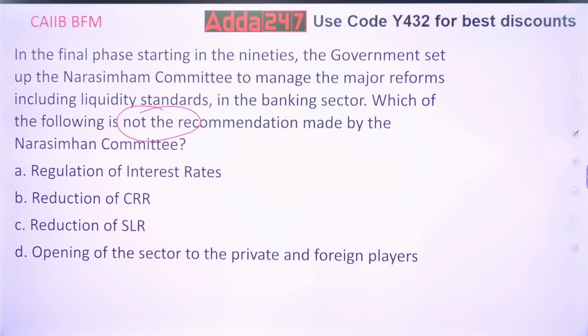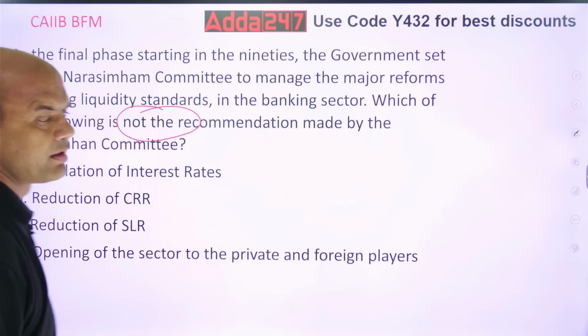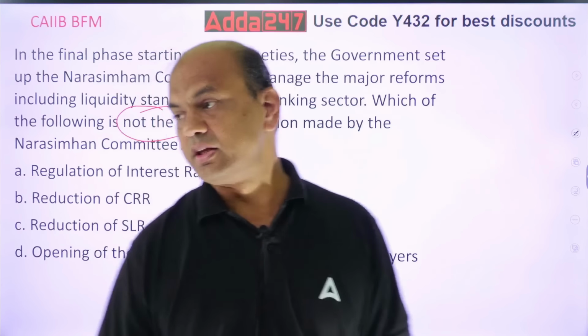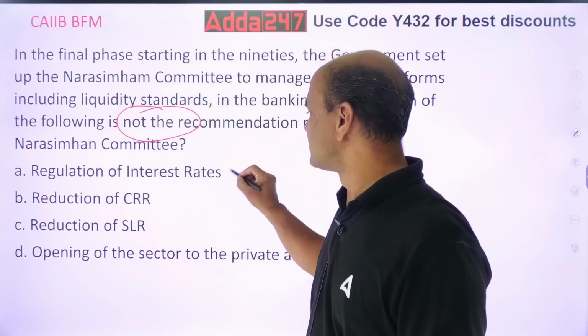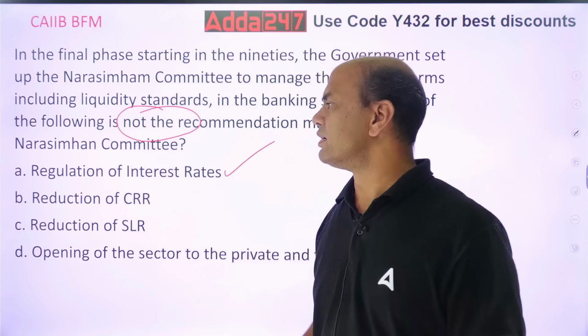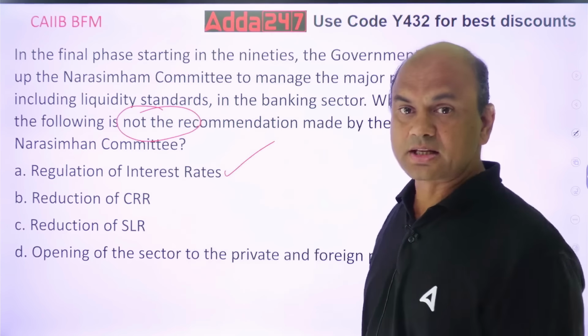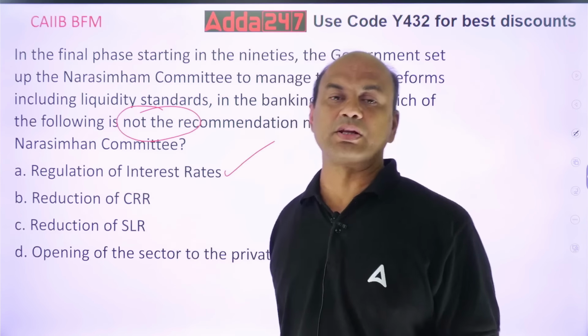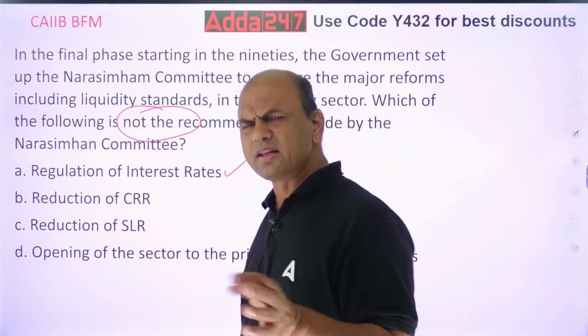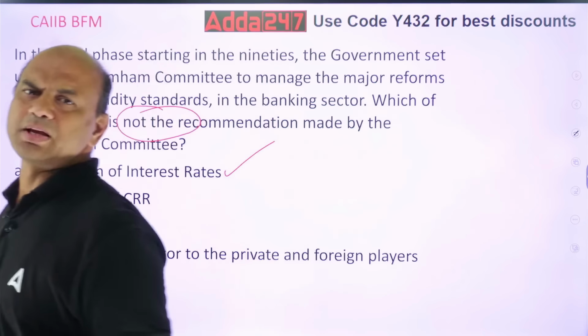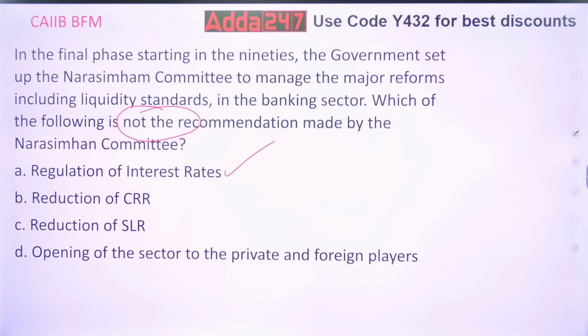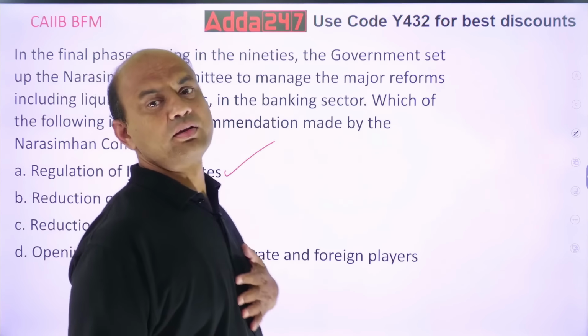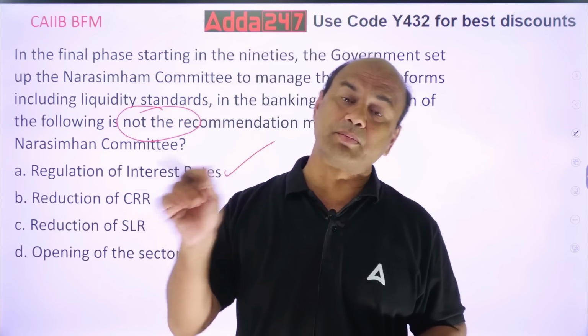The Narasimha committee was actually against this. So you want the "not". The Narasimha committee was against the regulation of interest rates. It clearly said that RBI should come out of this job of regulating the interest rates. Before that, banks were given the FD rates also by RBI.